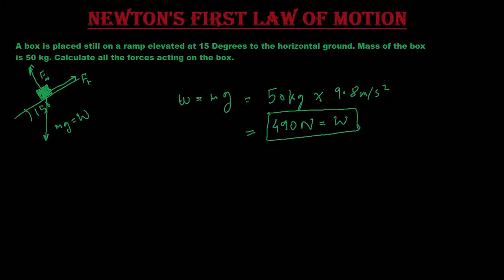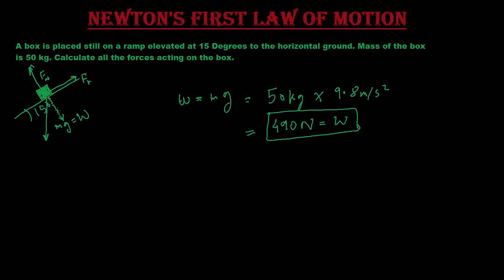Since the body is in equilibrium, all the opposing forces must be equal. There's a reaction force Fn acting perpendicular to the ramp upward. There has to be an equal force acting perpendicular to the ramp downward, because the body is in equilibrium.